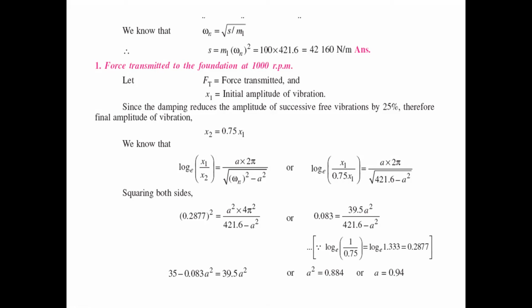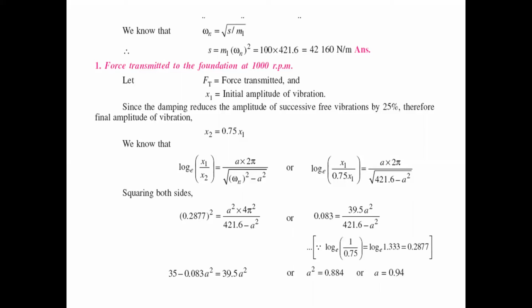When the damper is there, 25 percent will be reduced, that is, damping reduces the amplitude of successive free vibrations by 25 percent. Therefore the amplitude x2 equals 0.75 into x1.